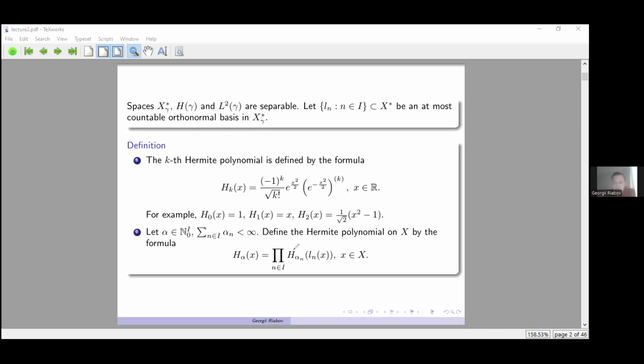So for each n, we pick an integer alpha n, such that we have only a finite number of non-zero integers, and substitute Ln of x into the Hermite polynomial with index alpha n, and then take the product over n.